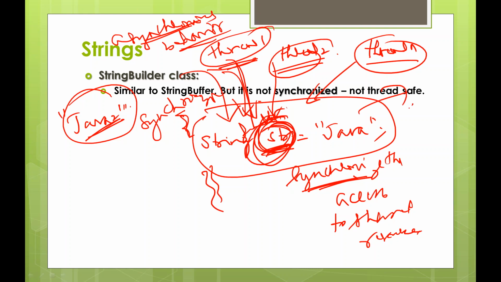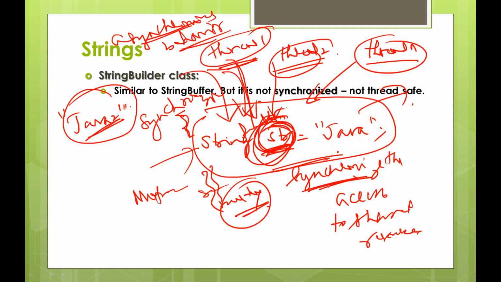This is what is called a monitor, or lock, or semaphore, or mutex, whatever they call it. We'll discuss these things in detail in our threads or concurrency session. That is what synchronization does.